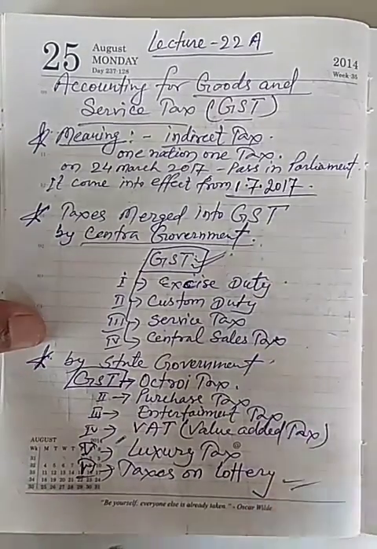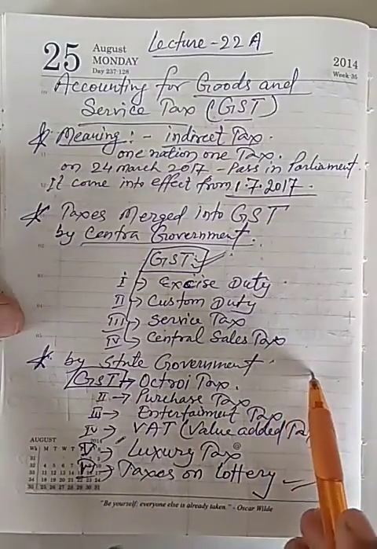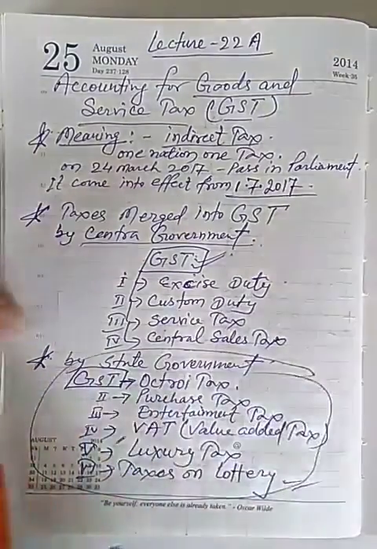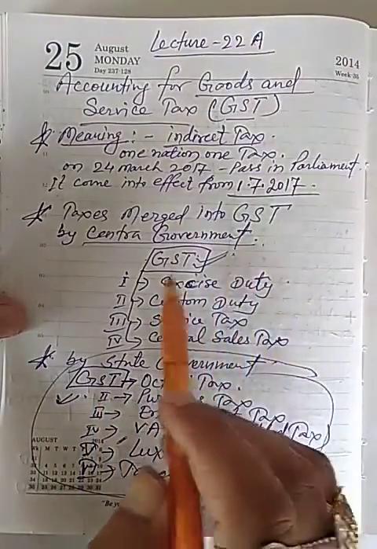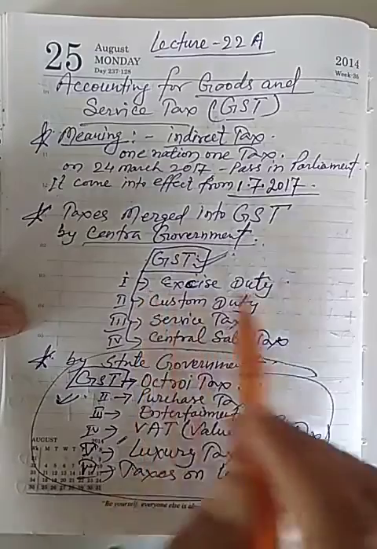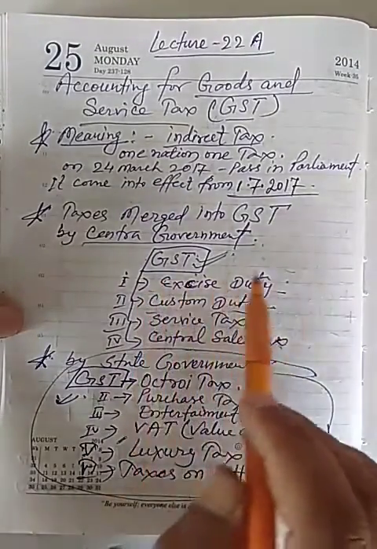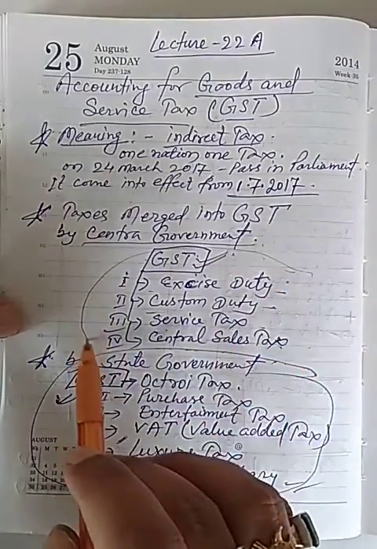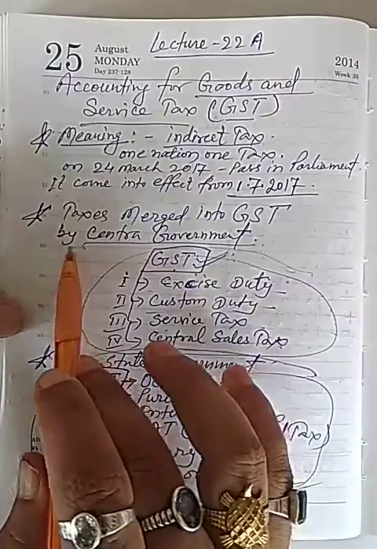So these are the taxes merged by state government in GST, and four taxes, excise duty, custom duty, service tax, and central sales tax, are merged into GST by central government.